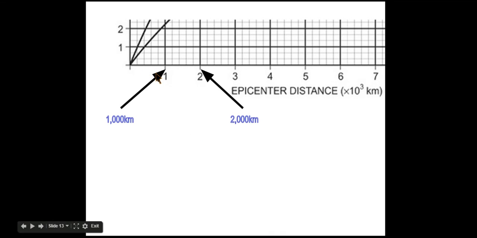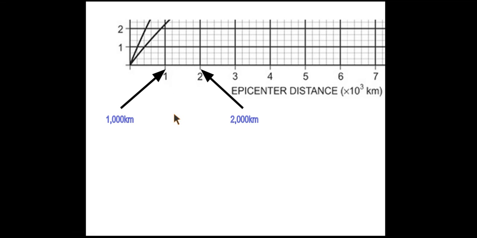So if this is 1,000, like we just said, and this is 2,000, what are each of these little segments worth? So let's do the same thing that we did. We know we need to get to 2,000 here. So if we count these jumps, 1, 2, 3, 4, 5, that means we need to divide 1,000 by 5.